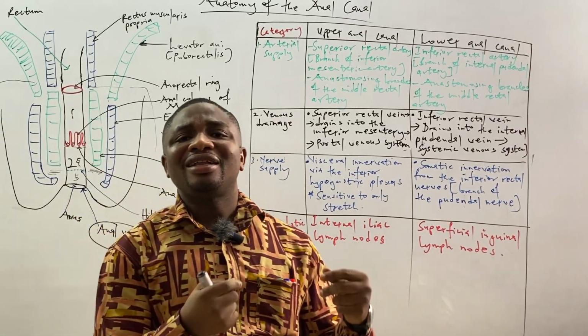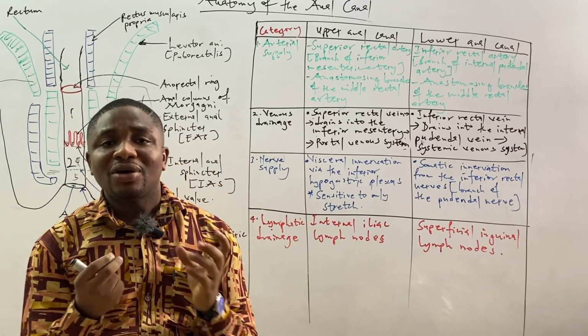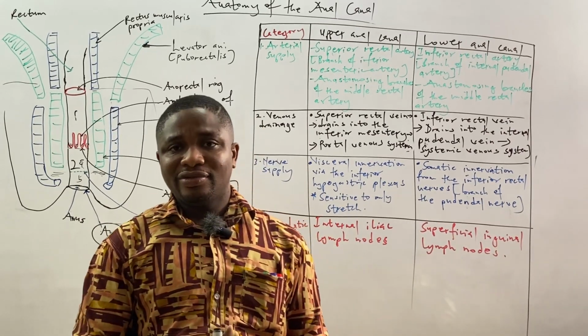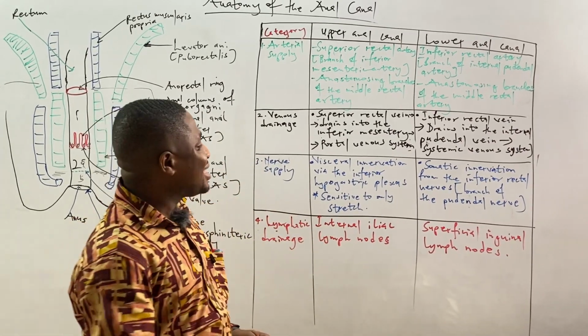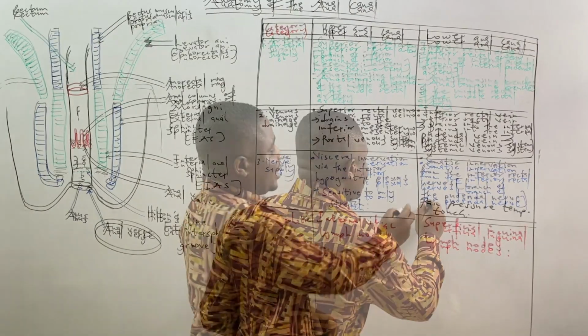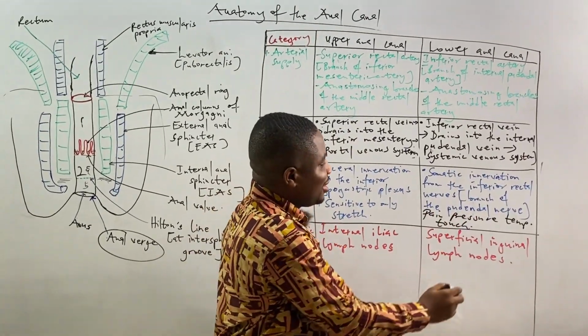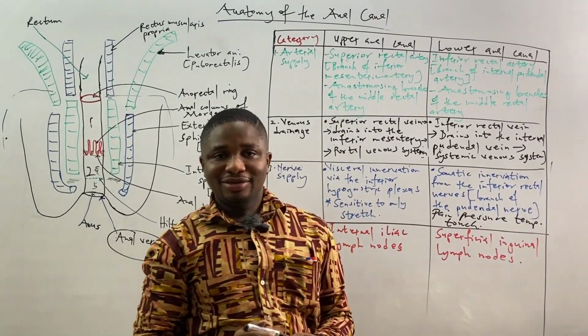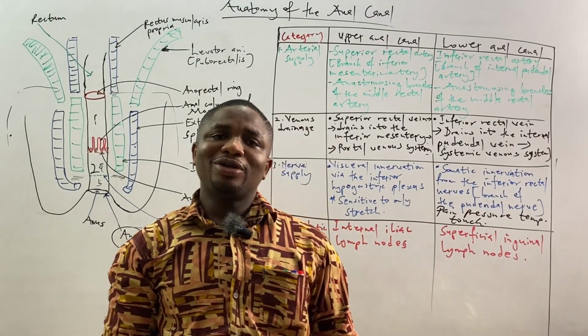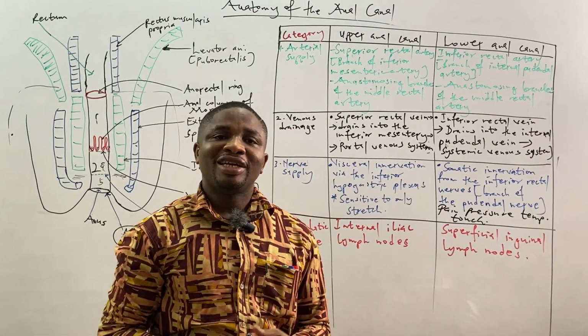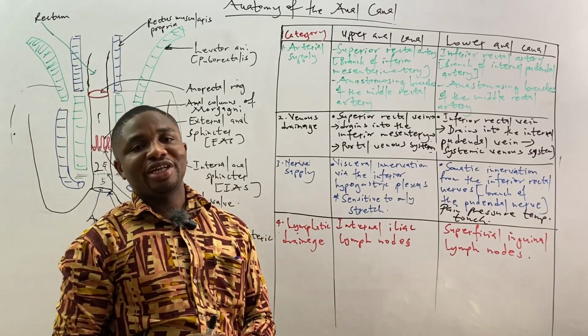The inferior rectal nerves, which are branches of the pudendal nerve. And as such, they are sensitive to pain, pressure, temperature, and touch, just like we applied in the world of pathological hemorrhoids.